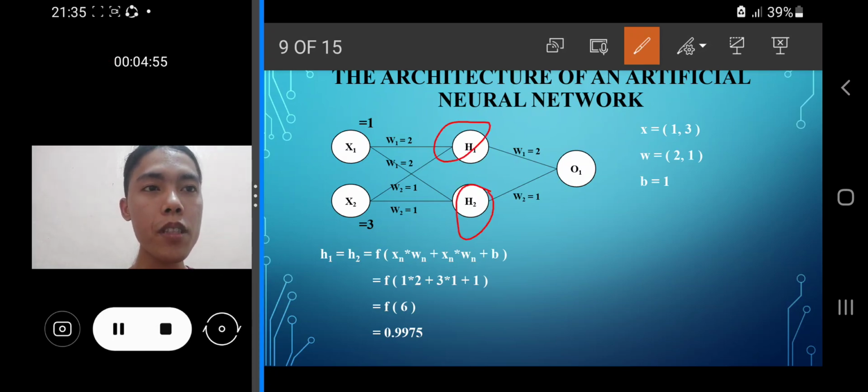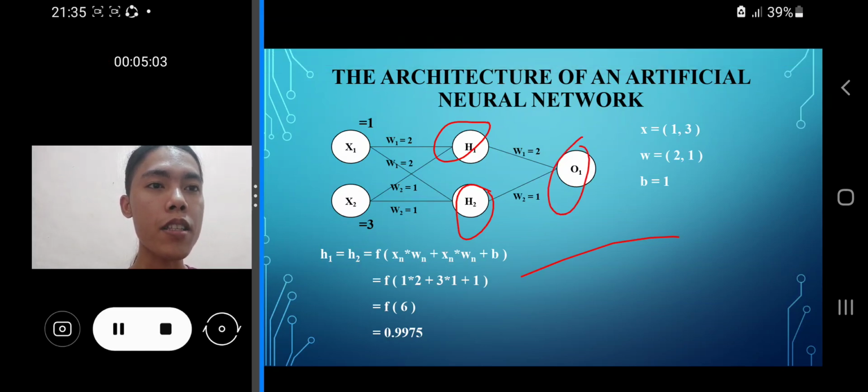After that computation, we're going to compute the next. We're going to compute this.